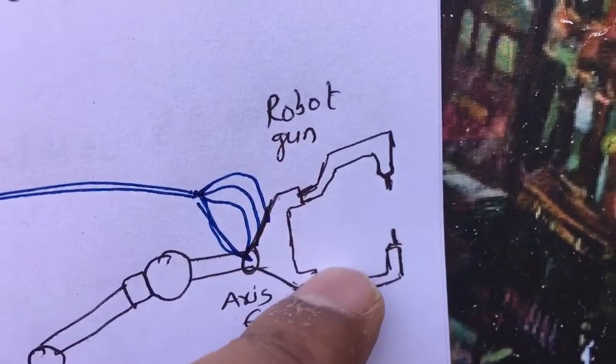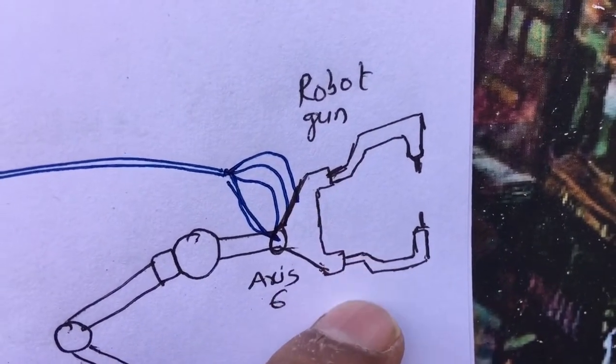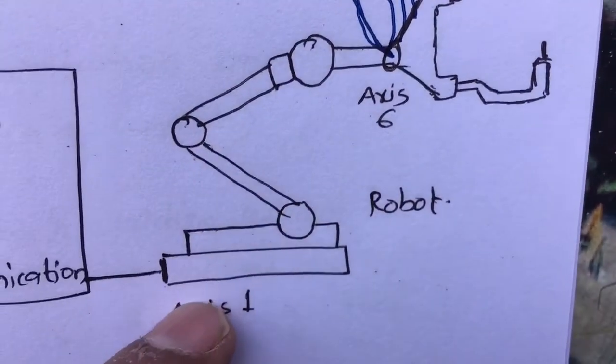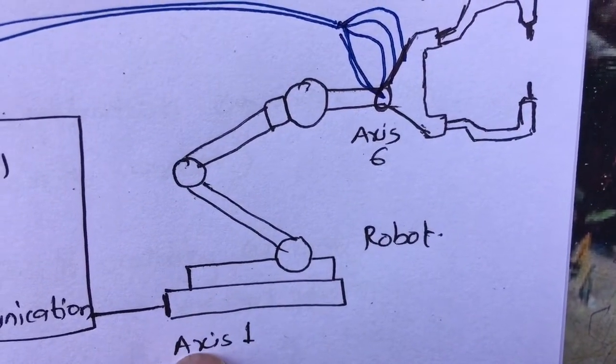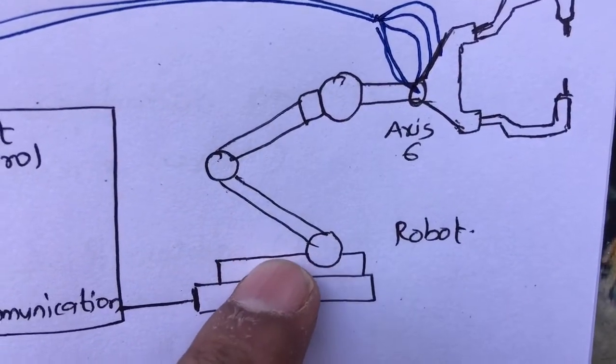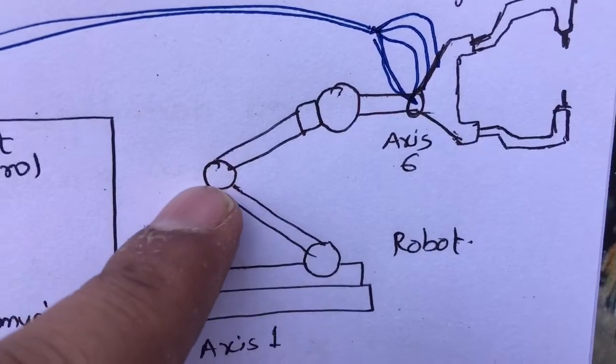The weight of this robot gun could be 35 kgs as well, which is considerably heavy. If you look at the robot, this is axis number 1, that is a degree of freedom, and joint 1 and joint 2 and so on.